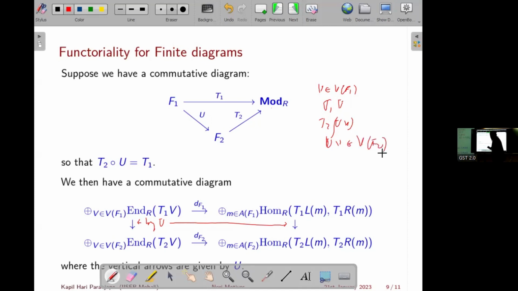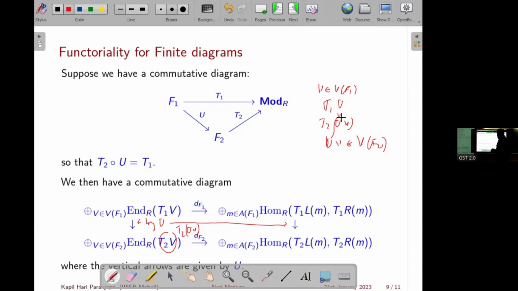And here I would have taken P2 of endomorphisms of P2 of U of V. And these two are actually the same. Okay, P1 of V is equal to P2 of U of V.